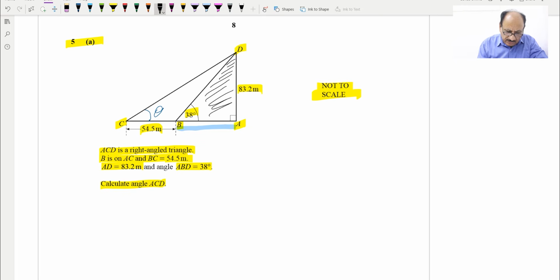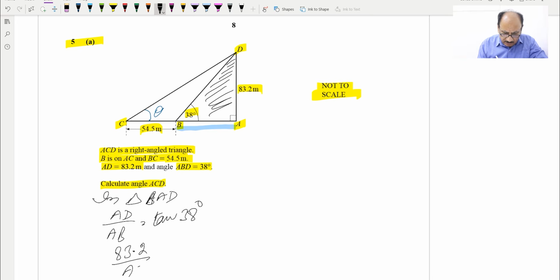In triangle BAD, AD over AB is equal to tan of 38 degrees, and AD is 83.2, so 83.2 over AB is equal to tan of 38 degrees.